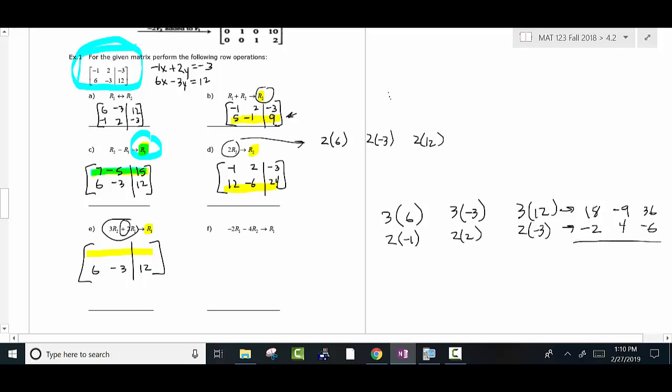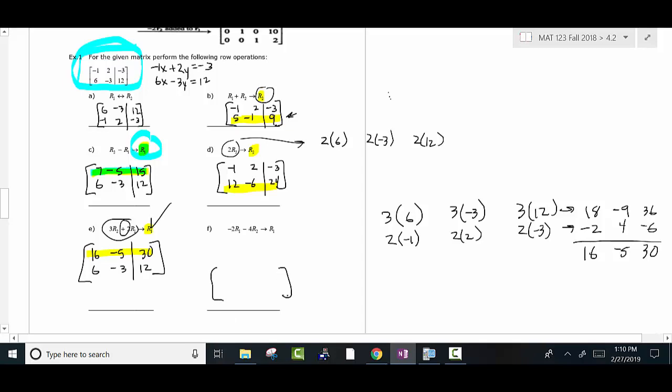So that's going to be 18 added to -2 is 16. -9 added to 4 is -5. 36 added to -6 is 30. So that will give 16, -5, and 30 like that. Okay, I tripled row 2, I doubled row 1, then I added them together, and I plugged it in R1. That's what that told me to do. Does that make sense? Okay, a lot of these you'll be able to do in your head, but if you can't do it in your head, write out on your scratch paper kind of what I'm doing there. Okay?